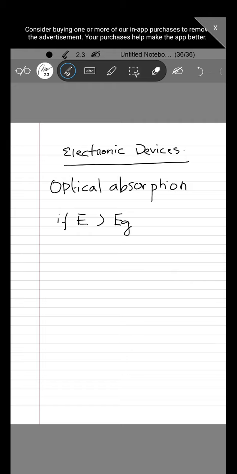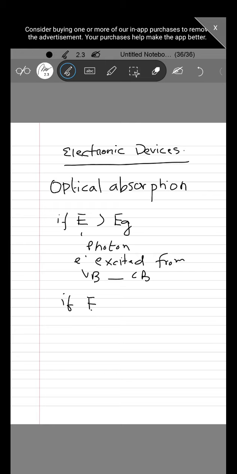What happens is that the energy of the photon is more than the band gap, so it causes an electron to get excited from the valence band. It goes to the conduction band, leaving behind a hole. And if however the energy is less than the band gap, then it leads to scattering and there is no absorption.